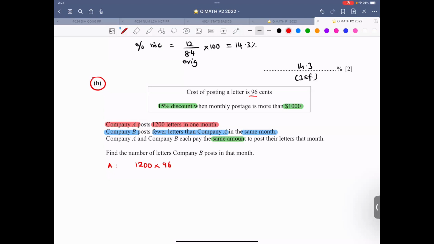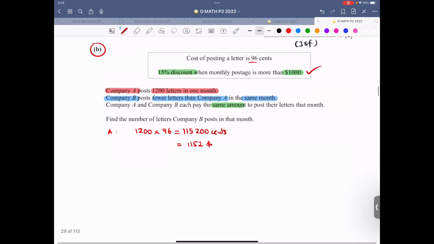Hold for a second. So that's 1,200 into 96. That is 115,200. So this is 115,200. This is cents. Divide by 100, that is $1,152. Yes, it falls in this category of more than $1,000.